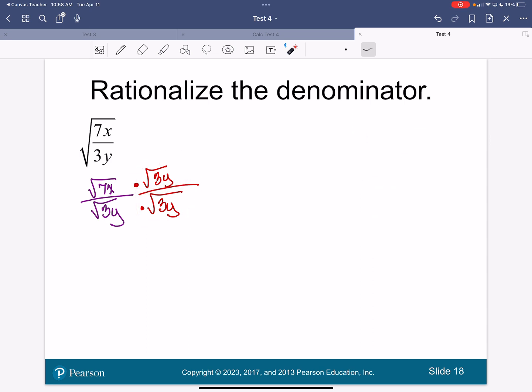So now square root of 7x times the square root of 3y. I'm going to multiply my 7 and my 3 together because they're both inside the radical, and then I've got my x and my y. Then in the denominator, I'm left with the square root of 3y times the square root of 3y, and that leaves me with 3y.